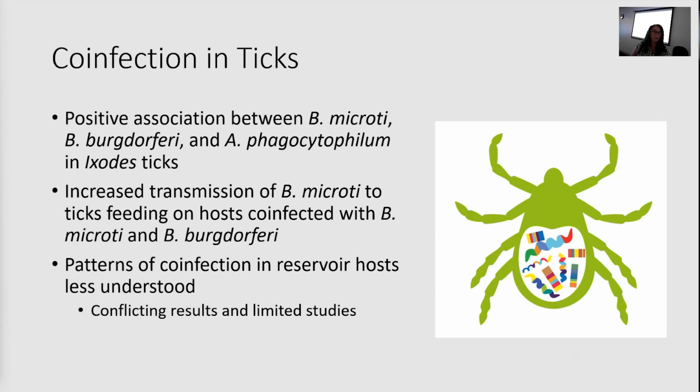However, patterns of co-infection in reservoir hosts are less understood, with results of different studies demonstrating independent transmission as well as positive and negative interactions between Babesia microti, Borrelia burgdorferi, and Anaplasma phagocytophilum in small animals.